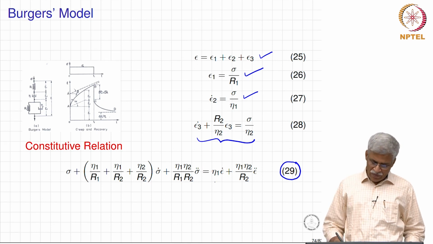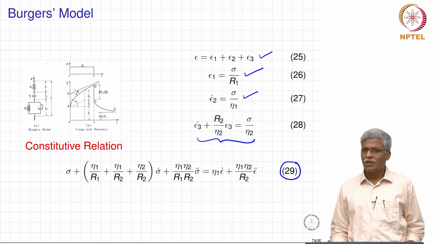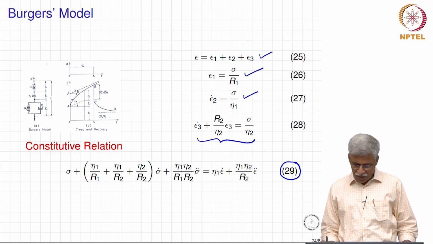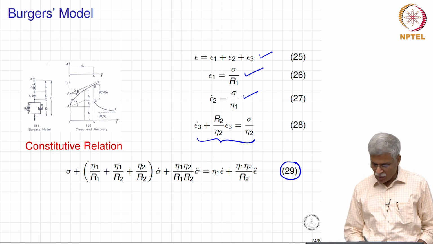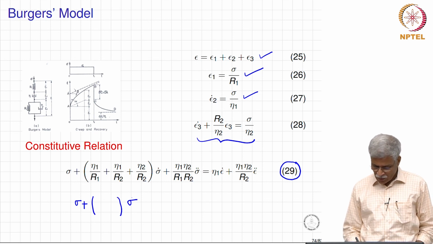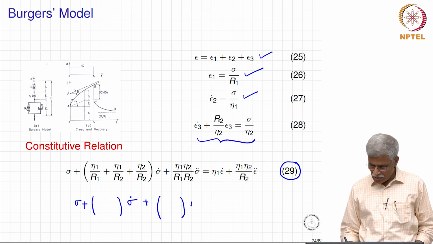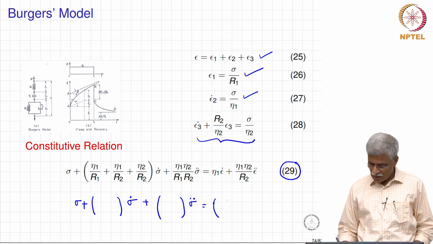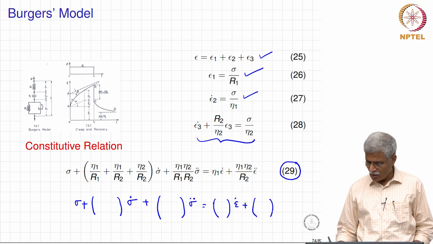So, now when we play around with all these expressions and try to rearrange them, we are going to get an expression of the following form. It will be useful if you could denote this in a slightly different way. So, it is going to be some material constants here of this particular form.